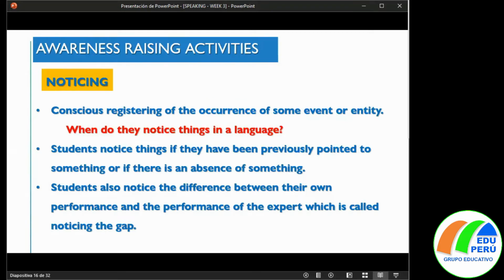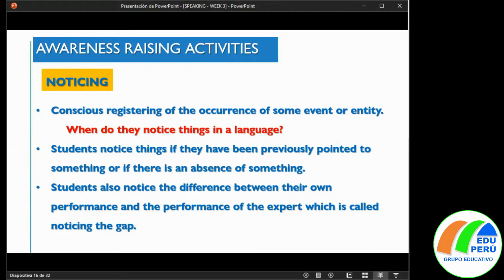Remember, conscious, that's why here it says, conscious registration of the occurrence of some event or entity. So there are three. When they have been introduced to some patterns, some vocabulary, some structures, and they could recognize it later. The other is when they realize that they need to learn more. They don't know something.